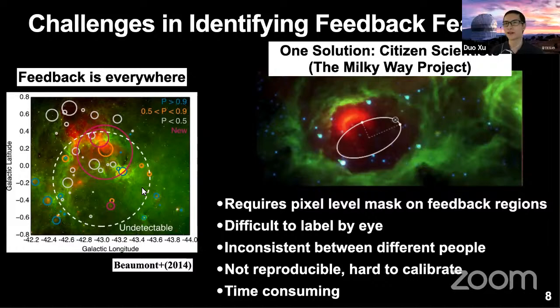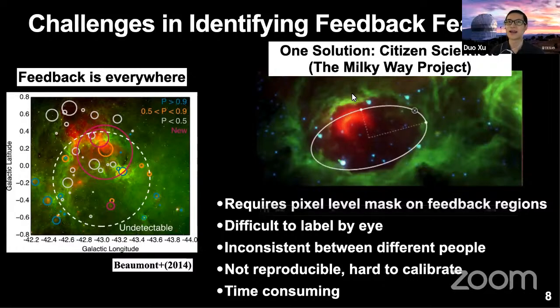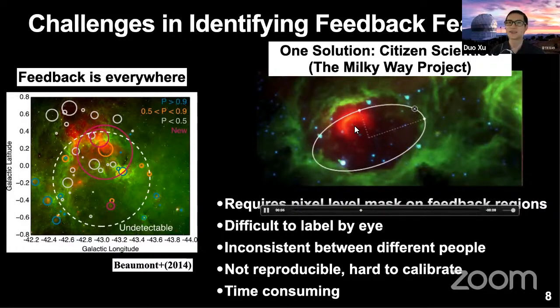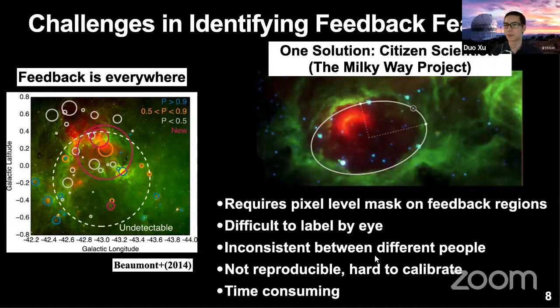There is one way we could do it, that is to ask citizen scientists to help us circle where the bubbles are. So this is the Milky Way Project. But there are some disadvantages for this project because different people will have different opinions of the position or the thickness of the bubble.